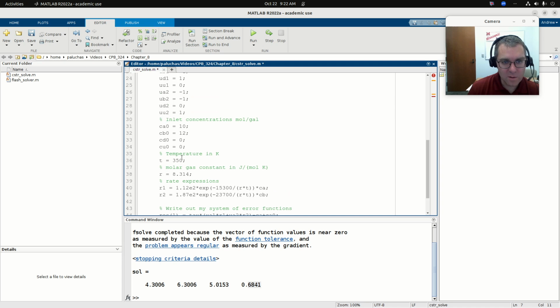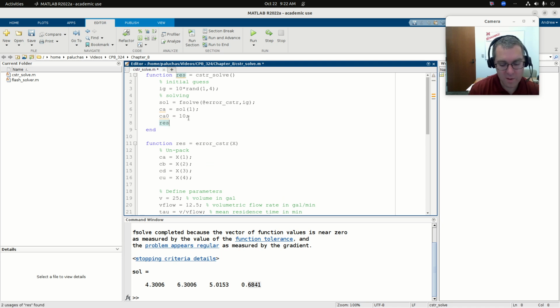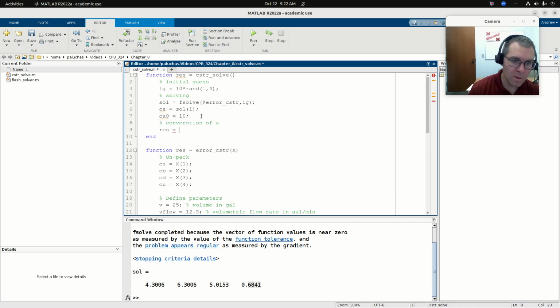CA naught here is 10. So in terms of res, let me just say res initially. This is my conversion of A. My conversion is going to be what went in minus what came out, divided by what went in.